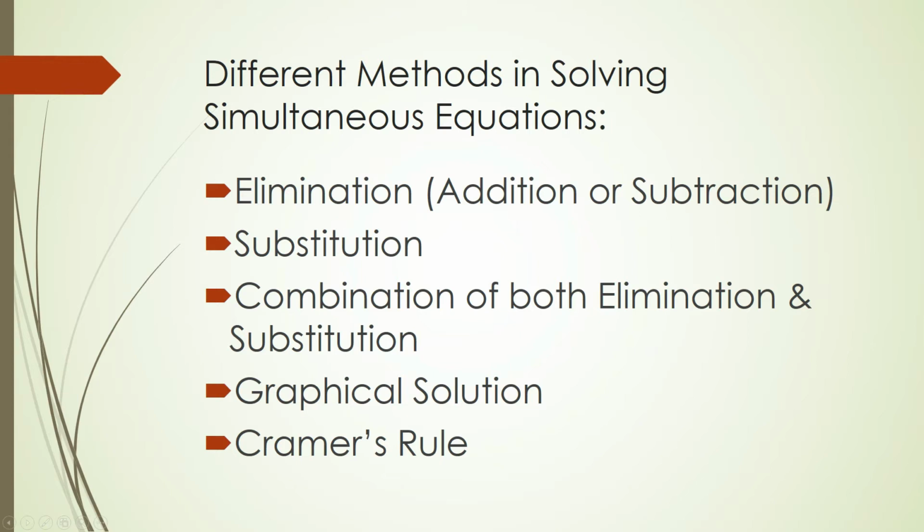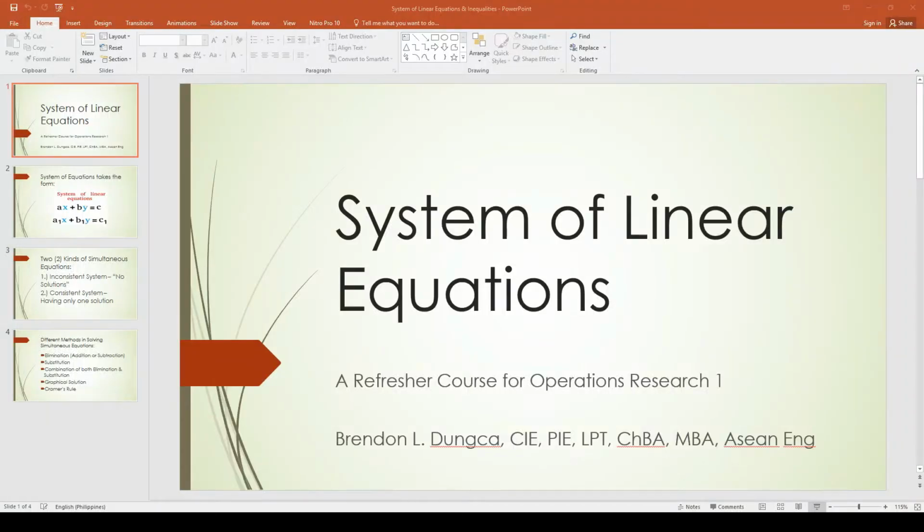Third is the combination of both the elimination and the substitution method. And fourth is the graphical solution. Like I said, Cramer's rule is a different lesson. By the way, the topic on hand is systems of linear equations. I will make a separate video about inequalities as well. Okay, so let's start.